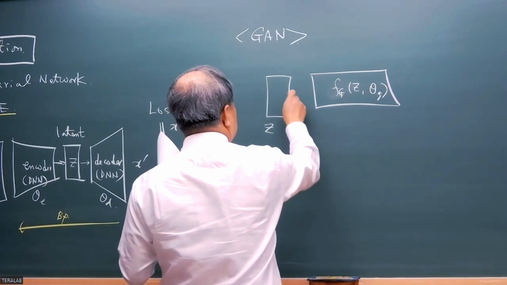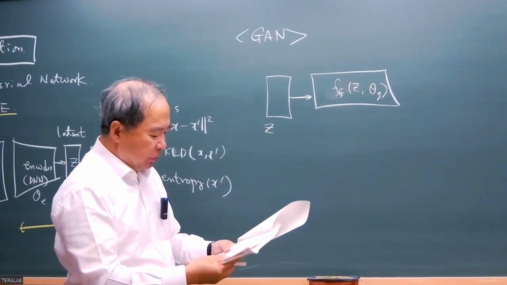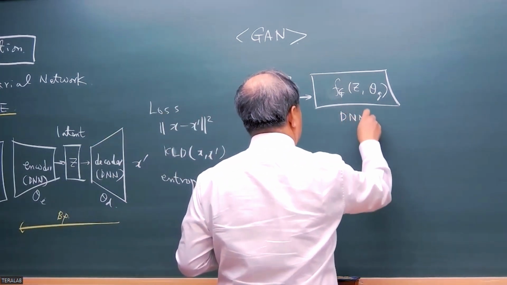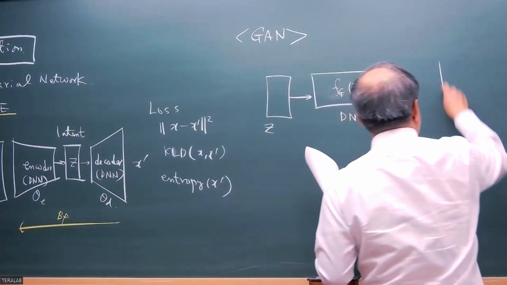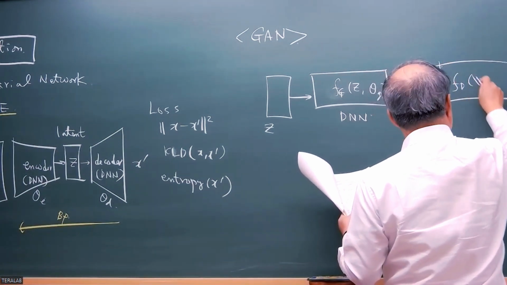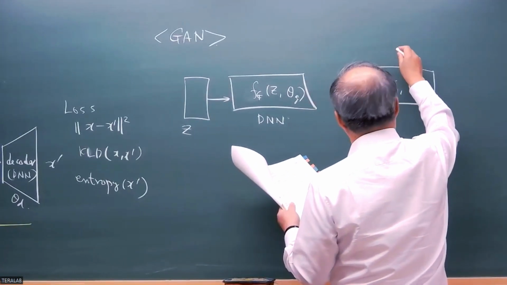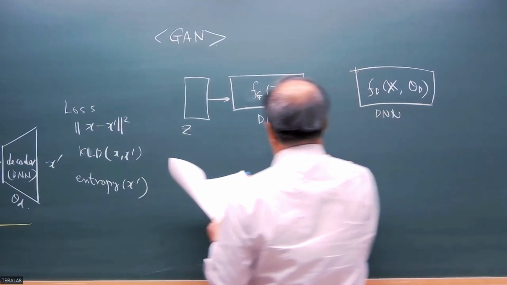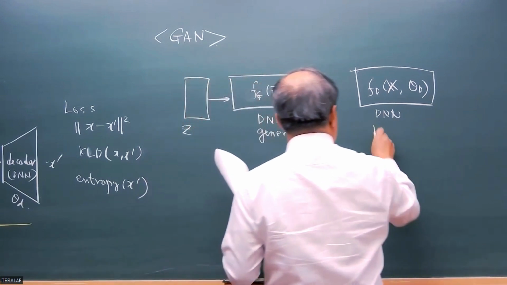It has a latent vector, and it becomes the input of the generator network. Of course, the generator network is a deep neural network. In addition to that, it has a discriminator network. This is the generator. This is the discriminator.